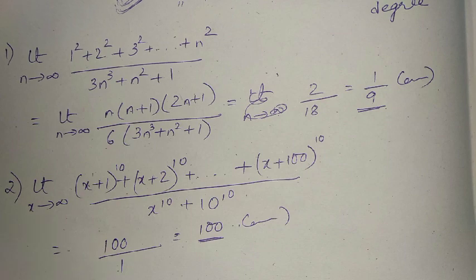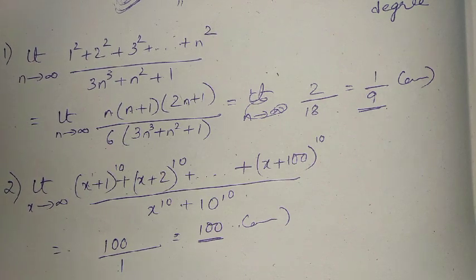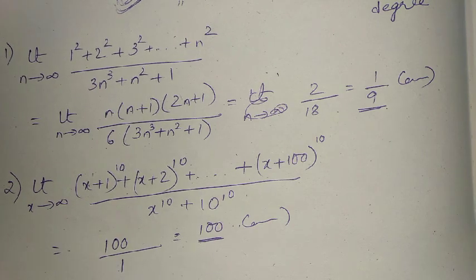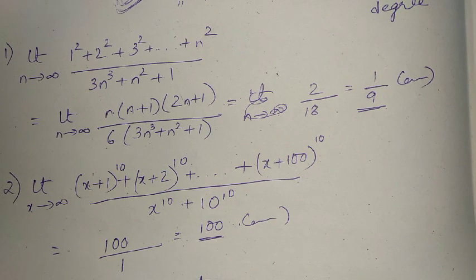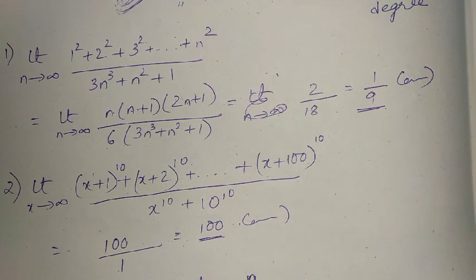Okay, and now this will be the last question for this: limit n tends to infinity, n divided by square root of n square plus n. So how to solve this? I'll take n common.